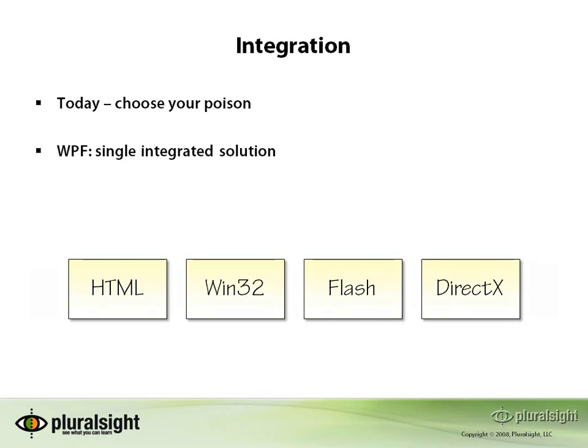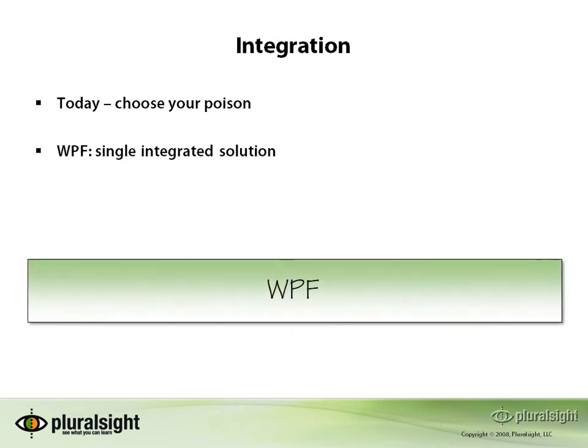But WPF solves this. It may be fair to say that WPF provides almost no completely new features. Pretty much each individual thing it does has been available in other systems for a while. But its unique contribution is integration. All of these different features are available, but they're on one cohesive platform. So if you want to put a button on the side of a 3D model, you can do that.